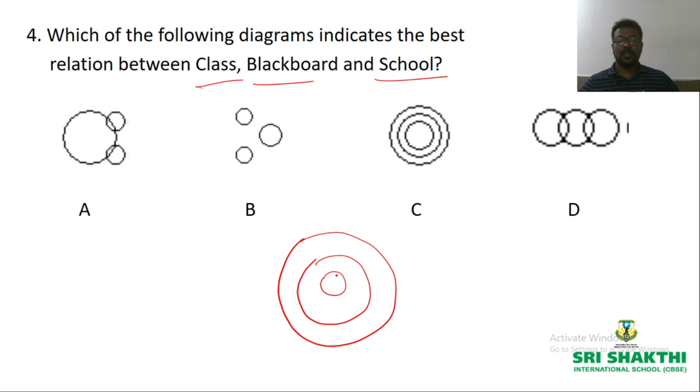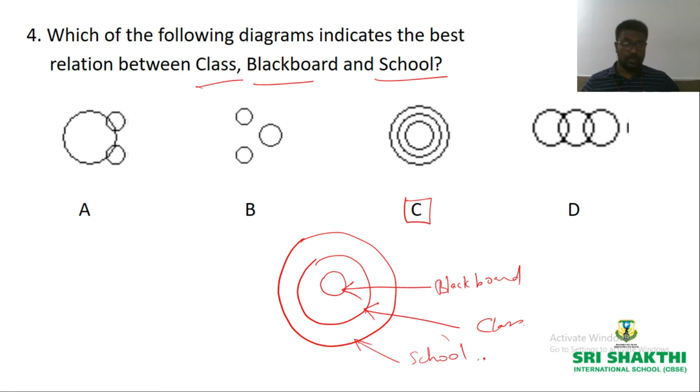So the answer is option C. This inner circle represents blackboard. This circle represents class, and the outermost circle represents school. So option C will be the apt answer.